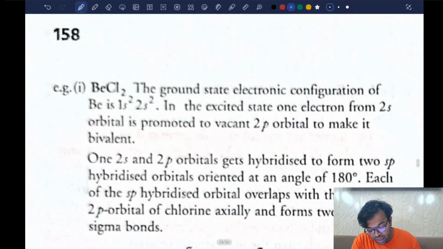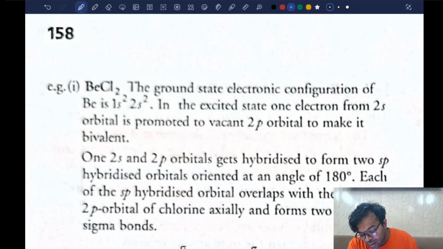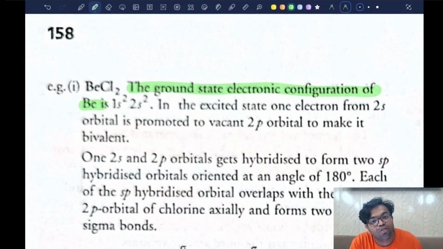Next, BeCl2, beryllium chloride. Beryllium has how many electrons in its outermost shell? Hydrogen, helium, lithium, beryllium: there are two electrons in the outermost shell. The ground state electronic configuration of Be is 1s2, 2s2.